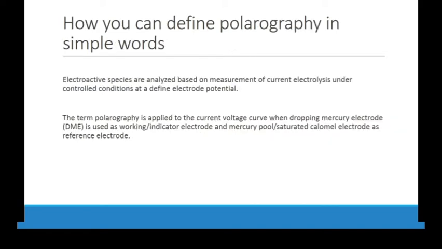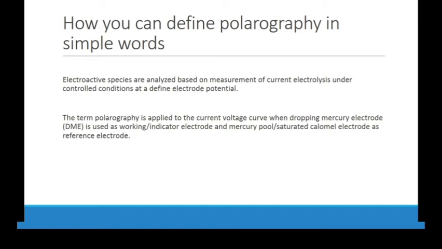In simple words, electroactive species are analyzed based on measurement of current during electrolysis under controlled conditions at a defined electrode potential. The term polarography is applied to the current-voltage curve. So the name indicates polarography.